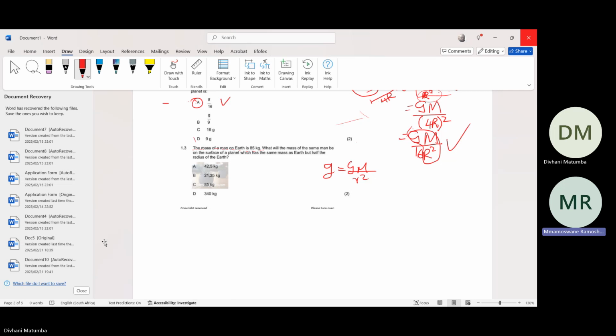By 2. Okay, it's going to be that. What are they looking for? They're looking for the mass of the same man on the surface of the planet, the planet which has the same mass as that of Earth, but half the radius.